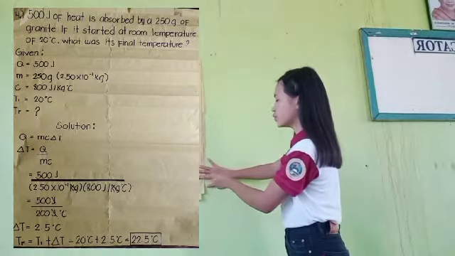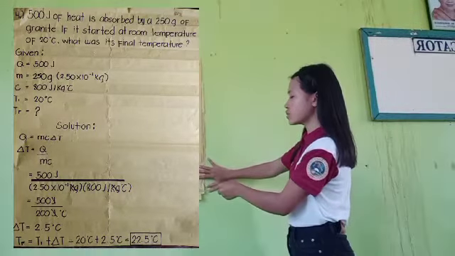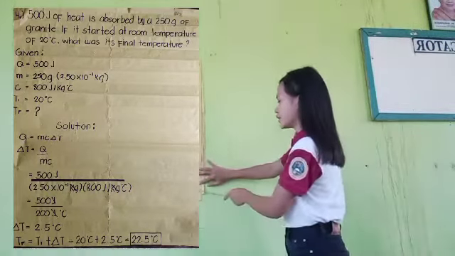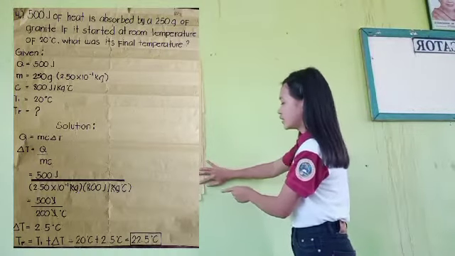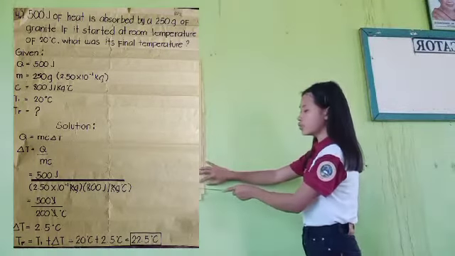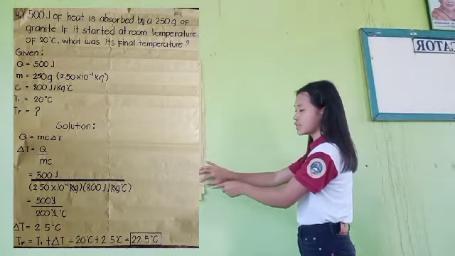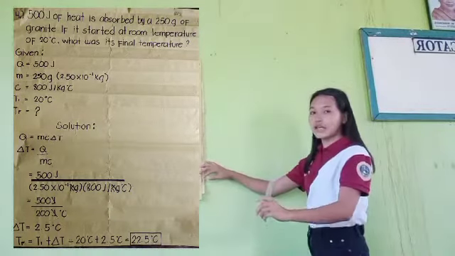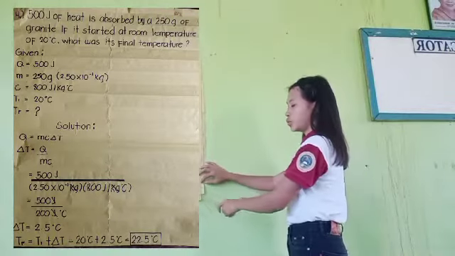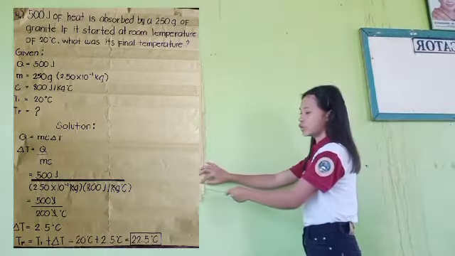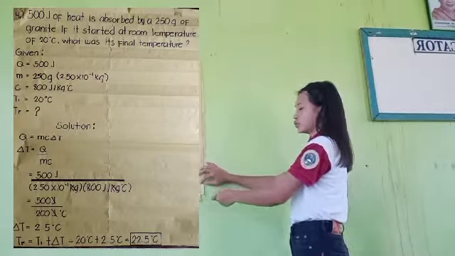So 500 joules divided by 200 joules per degree Celsius is its delta T. Delta T equals 2.5 degrees Celsius. Cancel the same units, which is the joules.